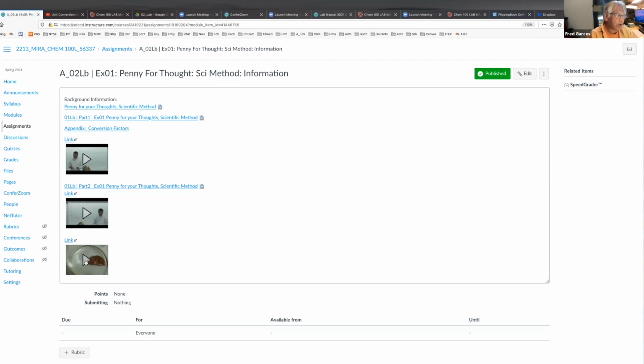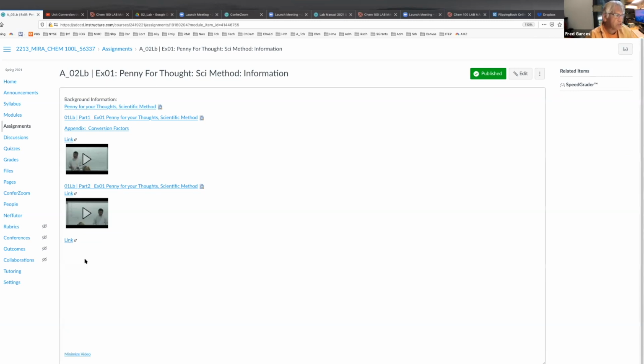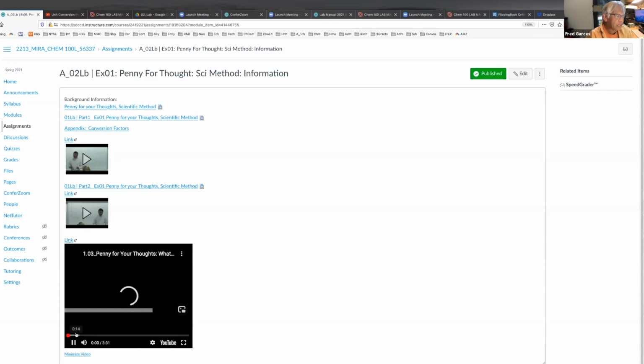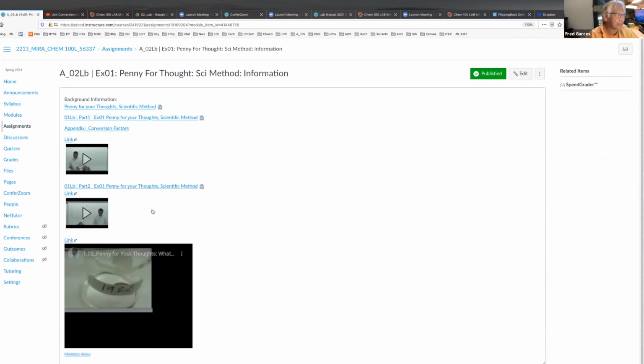If you actually want to watch the pennies rather than do the experiment, you can just open this up and see the reaction of the pennies. The resolution is poor just because back then we didn't have 1080 film, but you get the idea. It shows you what's going on. Anyway, these are pre-lab discussions from the past.